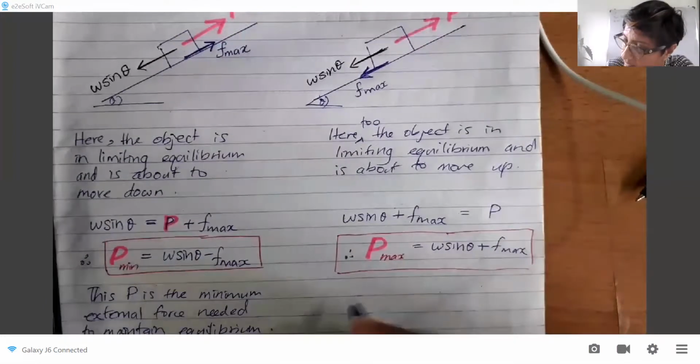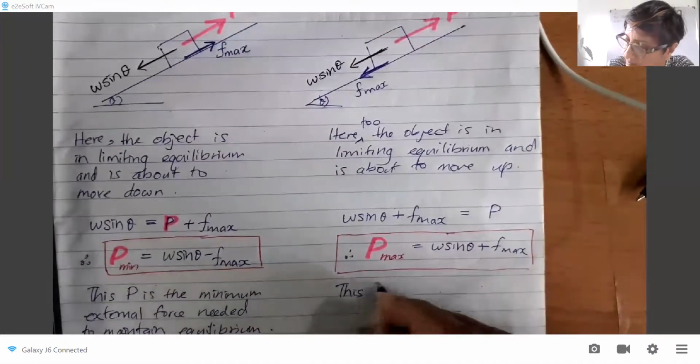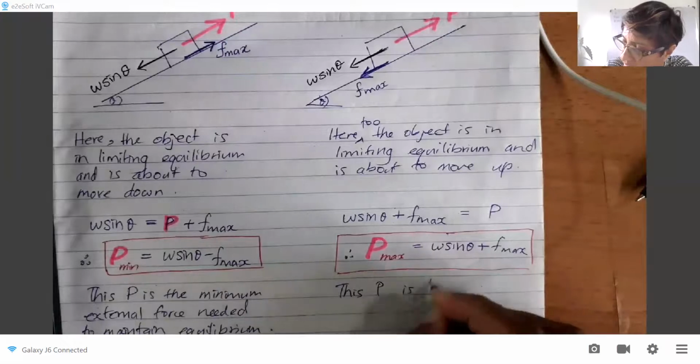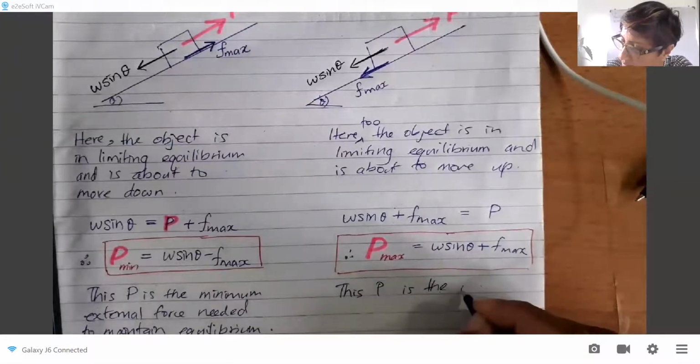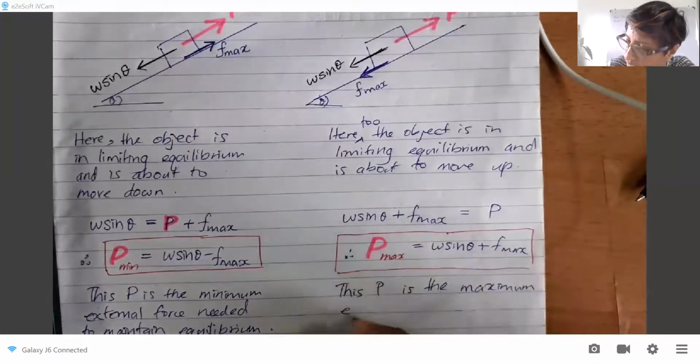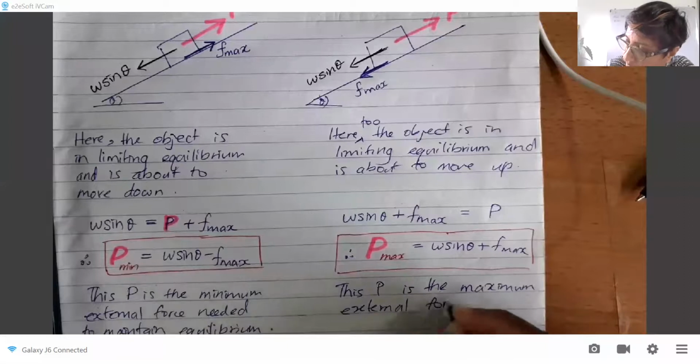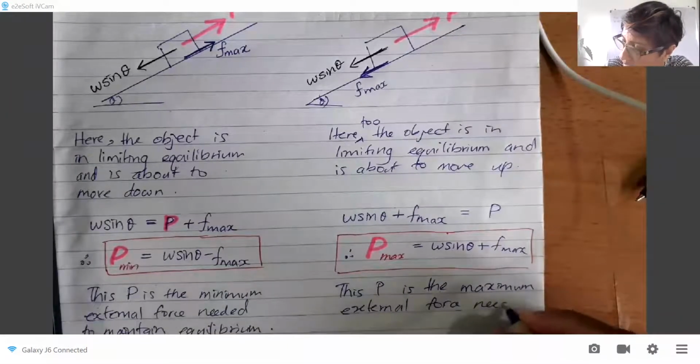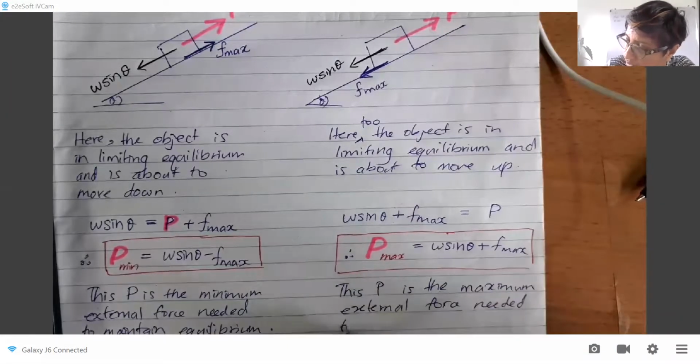This P is the maximum external force needed to maintain equilibrium.